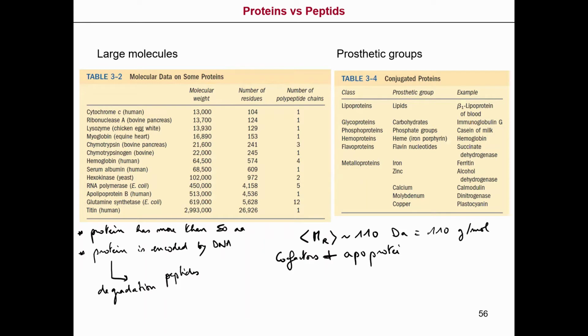Apoprotein is the protein with only amino acids, the polypeptide chain. A cofactor is something needed to have the biological activity. For example, lipids, carbohydrates, so something organic, a phosphate group, but you can also have metals like iron, zinc, calcium, etc. If you have the cofactor and the apoprotein together, it is called the holoprotein.